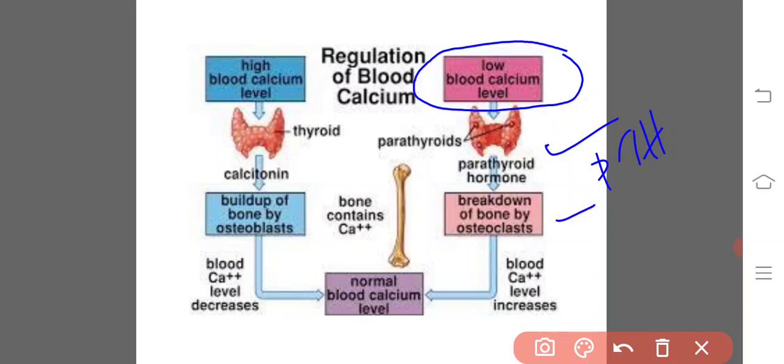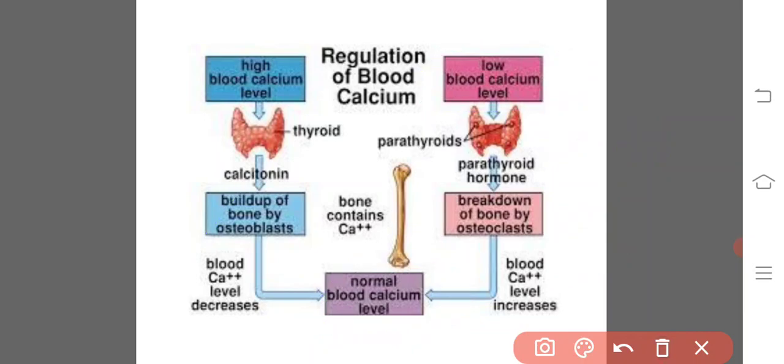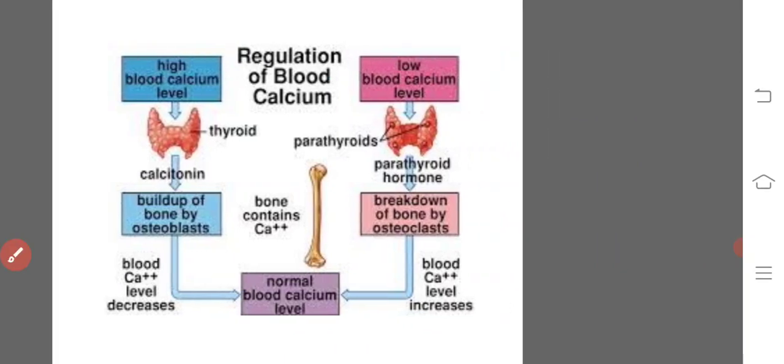Here you should not confuse these: these are the osteoblasts and these are the osteoclasts. Thereby the blood calcium level gets increased and brought to the normal level. So, both the PTH and the calcitonin act in opposite directions.